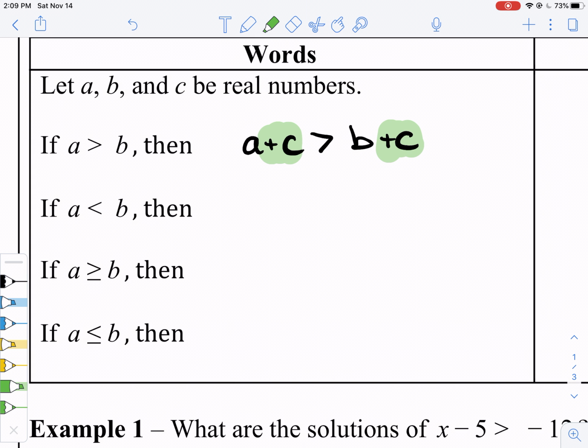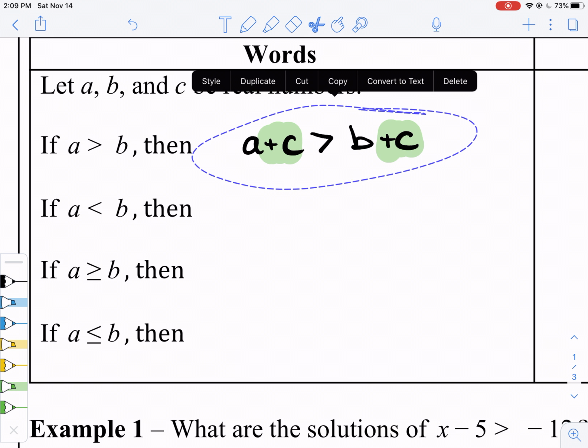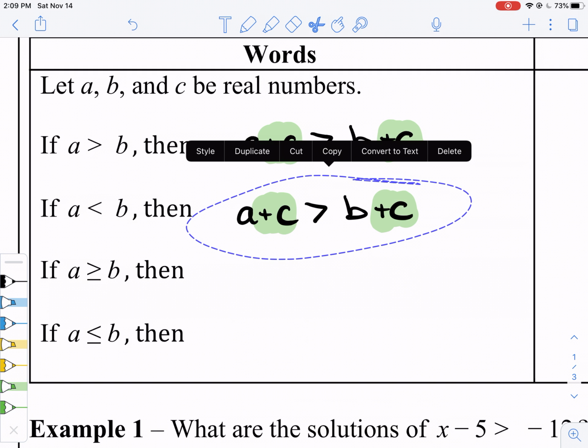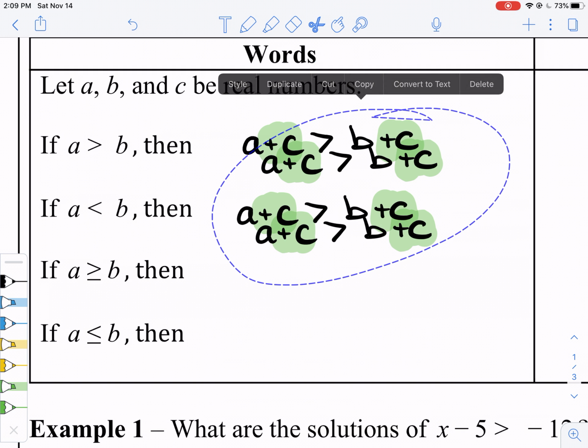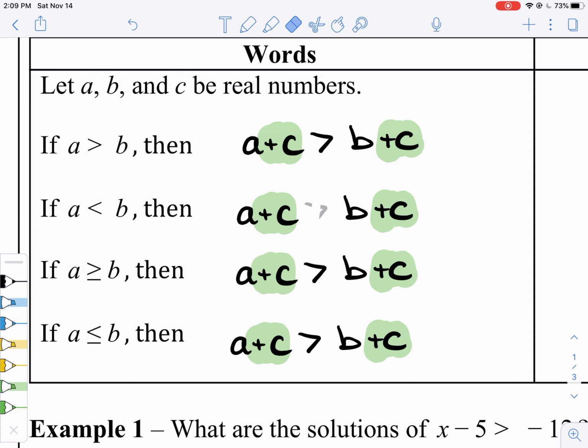Adding C to everybody works no matter what your sign is, it's going to be the same all the way down. So if you have A is less than B, then A plus C is still less than B plus C. If you have A is greater than or equal to B, then A plus C is greater than or equal to B plus C. And finally, if you have A is less than or equal to B, then A plus C is less than or equal to B plus C.